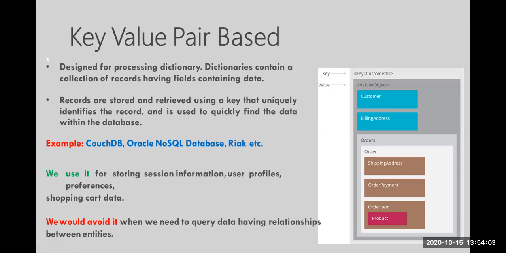This is the key value pair base. It is designed for processing dictionary-like solutions. Dictionaries contain a collection of records having fields containing data. Many of us have used an English dictionary, which works on a sequential basis.